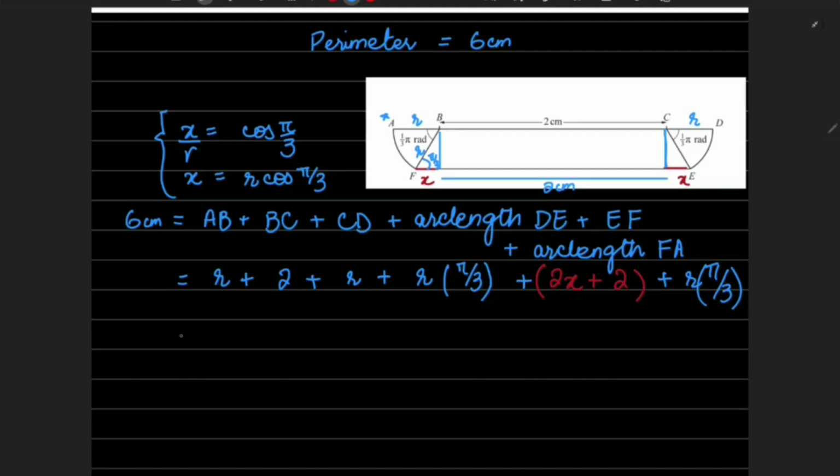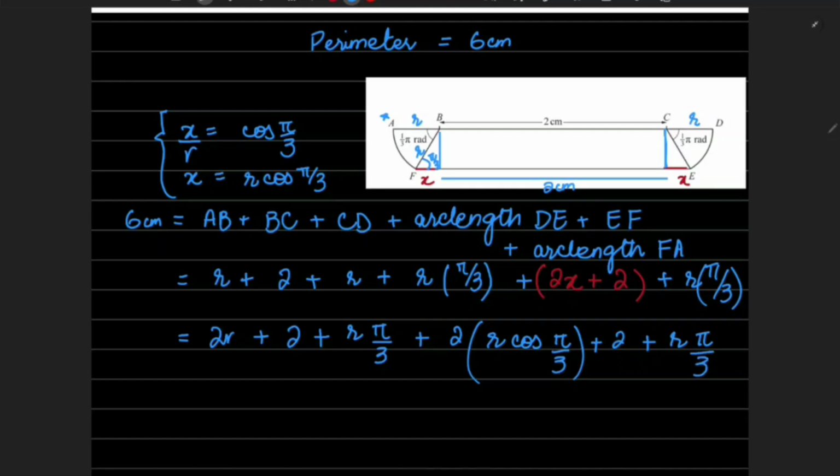So it would be 2r plus 2 plus r pi over 3 plus 2 times, what is x? X is r cos pi over 3, plus 2 plus r pi over 3. So we have this also twice, so we can write this 2r pi over 3 instead of writing it again.